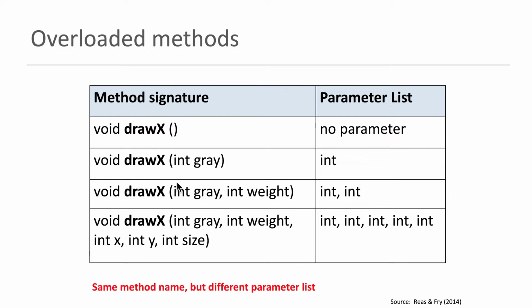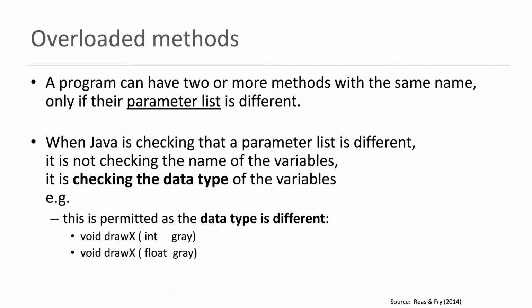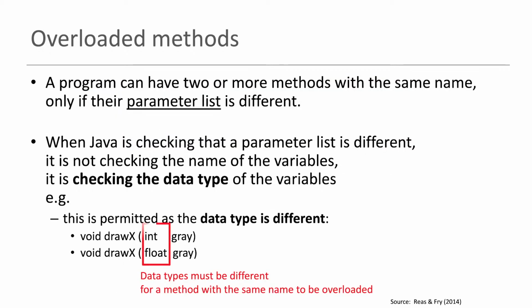So for example, if we have void draw x int gray and int weight, and you don't pass them in the correct order, the number that you pass in for the weight is going to be used for the grayscale color, and the number that you use for the grayscale color is going to be used for the weight. So yes, the order is important. Okay. So data types must be different for a method with the same name to be overloaded.